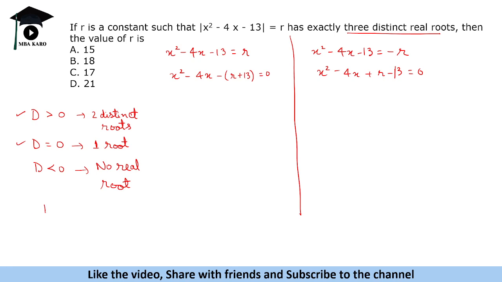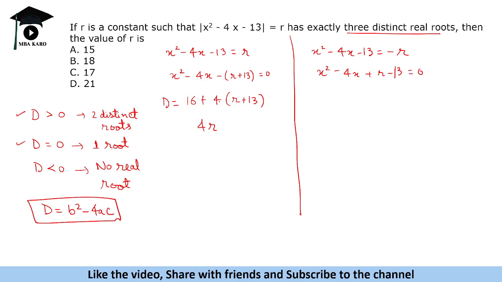Now D is b² − 4ac. So let us put here. In this case, this is 4² which is 16, minus 4 into, this is minus so it will become positive, 4(r + 13). So we will get 4r + 52 plus 16 is 68.